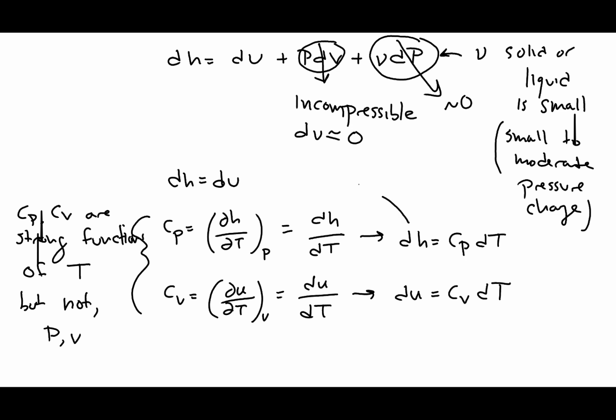Now we can plug these directly into this equation, dH is equal to dU, so I'm just going to rewrite some of this. dH is equal to dU, and we have that dH is equal to C sub P dT, and dU is equal to C sub V dT.